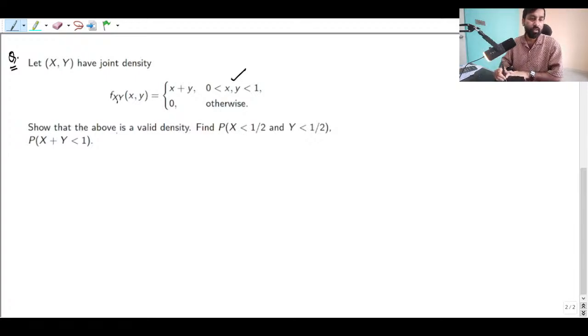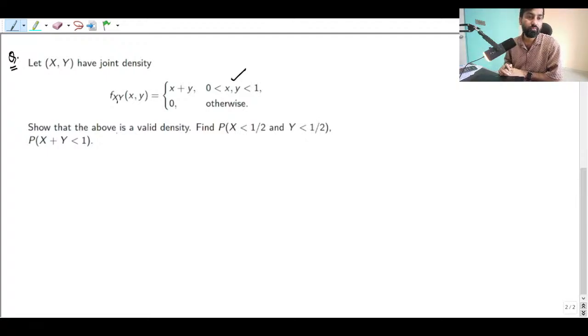But as long as this joint density function is concerned, it is not uniform, and it will also not be independent, because you cannot separate x and y. If you are able to separate x and y, you can say that they are independent random variables, if the joint density function can be factored into the product of two marginals.